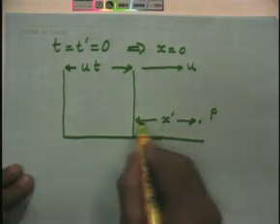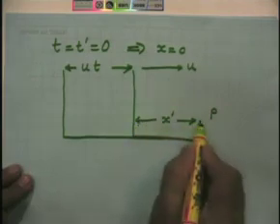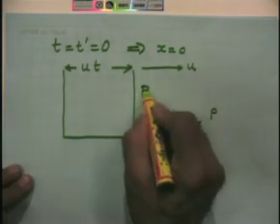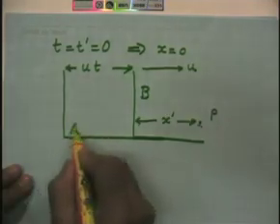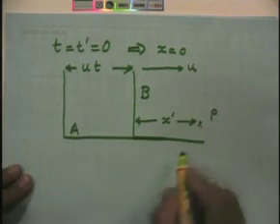This distance is the distance as measured by the observer B inside the train. So, as far as A is concerned, he will measure a contracted distance.